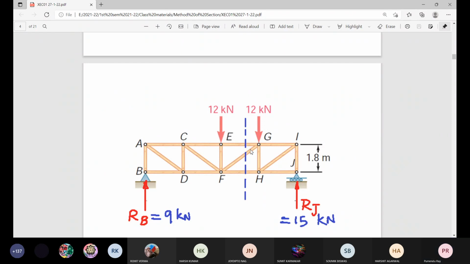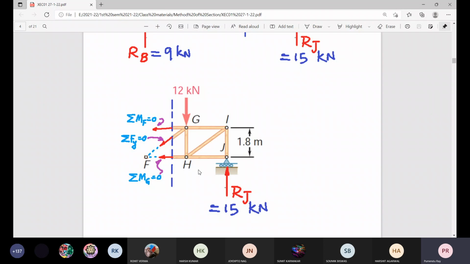So you are eliminating the contribution of this force and this unknown force. So one equation, only one unknown. Okay, and from left hand side also you can approach and do it in that way.